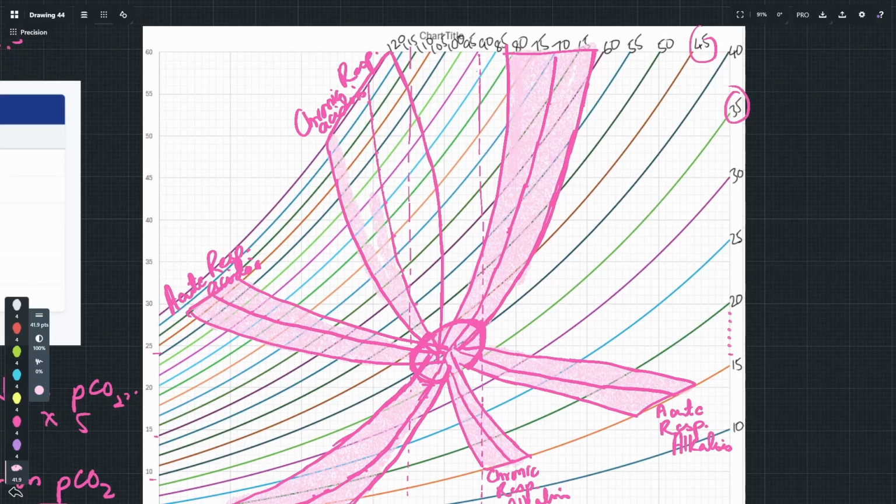And for mixed disorders, it would be like somewhere in between. Let me show you some example, and then you will realize the real power of Davenport diagram.